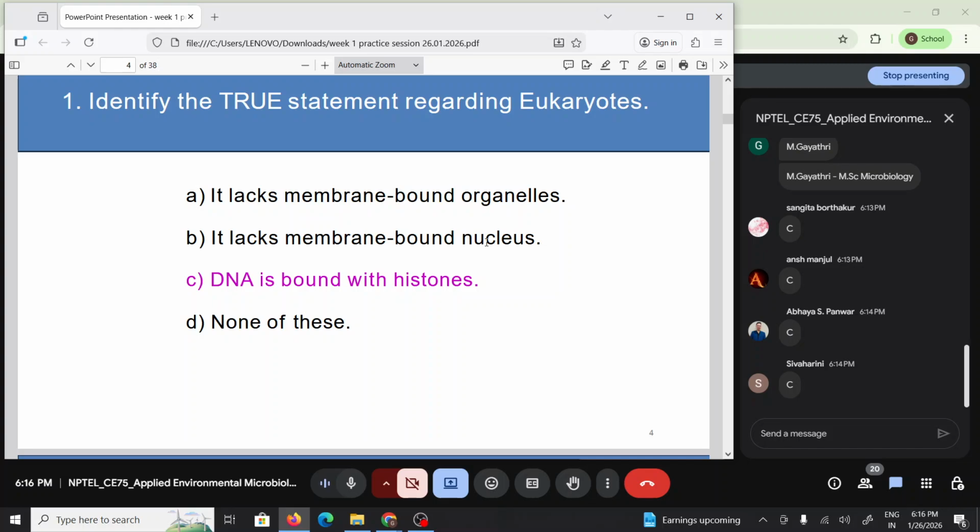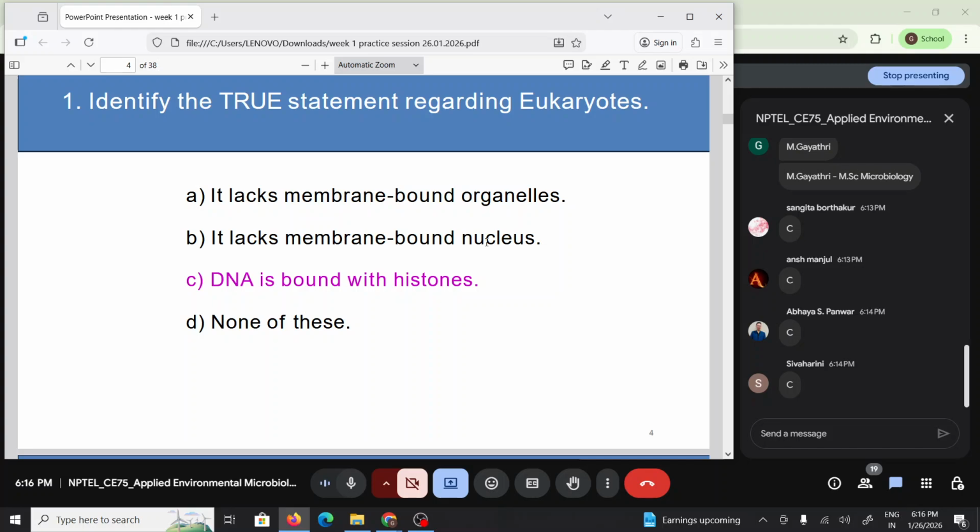So basically, a prokaryotic organism is considered to be primitive because it lacks membrane-bound organelles like nucleus, mitochondria, and other membrane-bound organelles. And again, DNA is present in the eukaryotes.